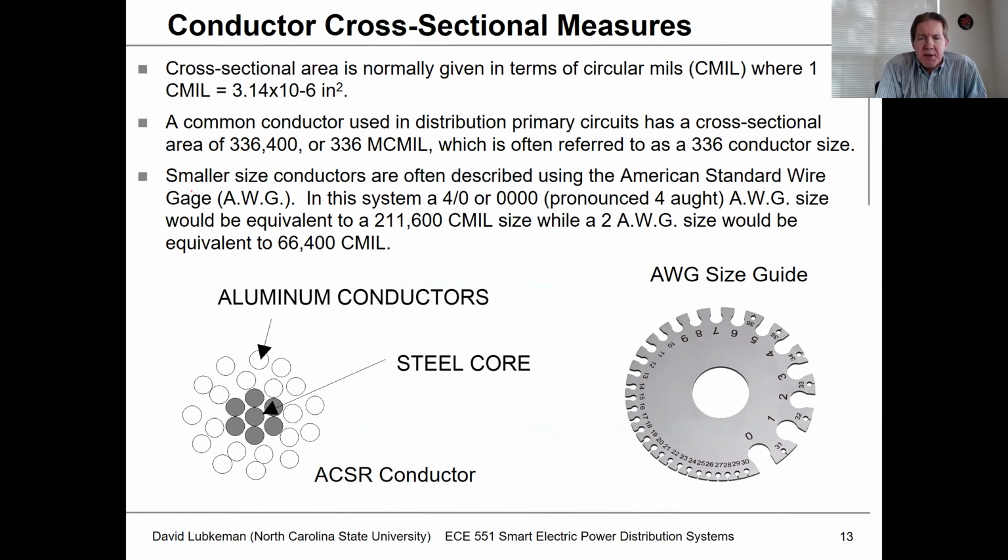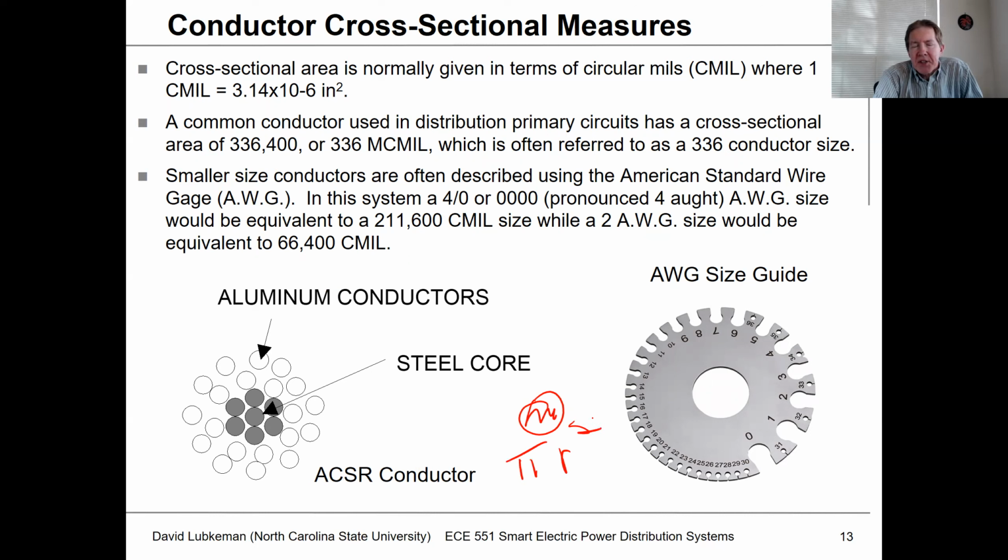So as far as the cross-sectional area, the thickness of the cable, there are a couple of different ways we can do this. One would be in terms of circular mils. If you think about a small wire, its cross-sectional area is given by pi r squared.